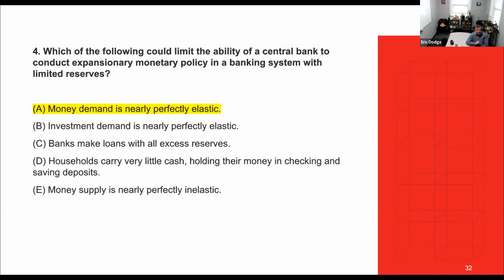It's not straightforward at all, but drawing something might help. All the other options are either going to make it easier to conduct expansionary monetary policy, or in the case of choice E, money supply is already perfectly inelastic, no matter what. Vertical, that is.